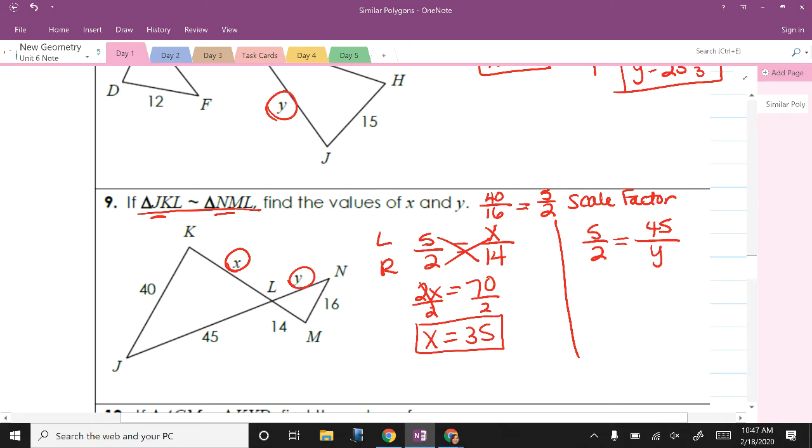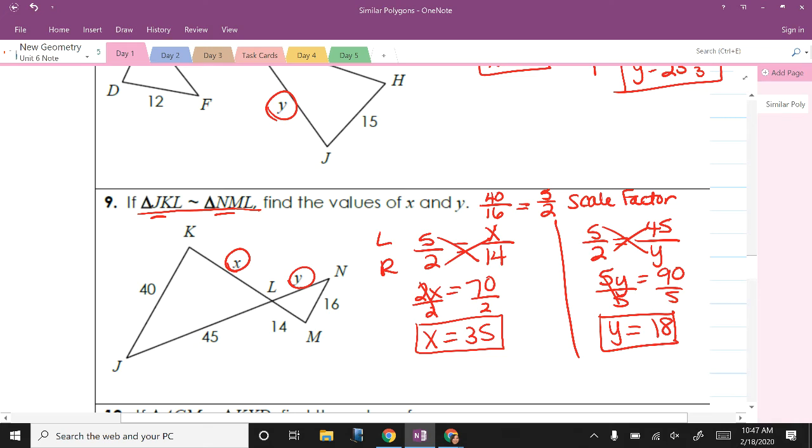So do you see how I have my left triangles both on top and my right side triangles both on the bottom? Okay, that's important. So cross multiply. 5 times y is 5y equals, what's 2 times 45? 90. Divided by 5, and y equals what? 18. Now you can check these, okay?